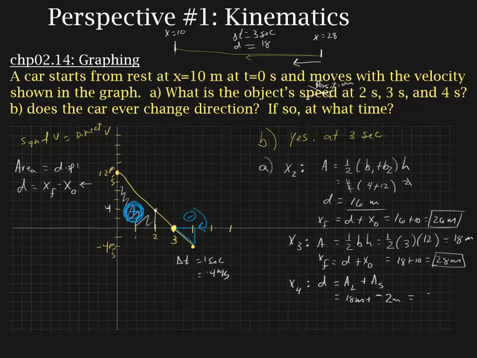Our total displacement now is 16 meters, and x final is going to be equal to 16 plus 10, which is 26 meters. And that's exactly what we expected based on our conceptual understanding of the situation. So right here is x4, which is equal to 26 meters.